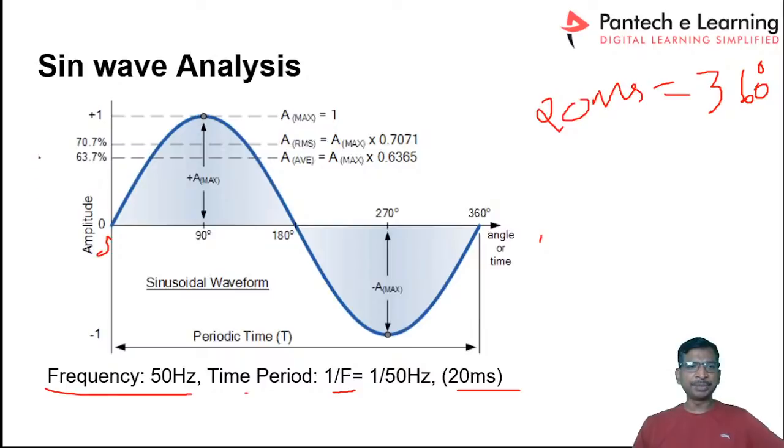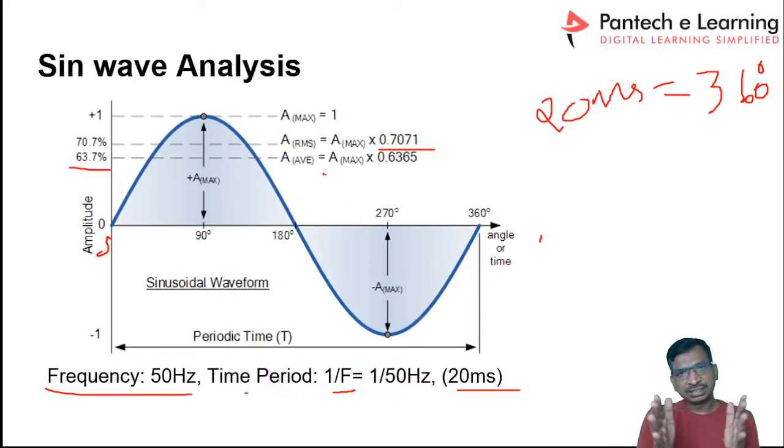If you take a sine wave with amplitude 1, the RMS value will be peak divided by root 2, which is about 0.707. The average voltage is 63.7%, which is applicable for DC power applications. I hope you have understood the sine wave analysis.